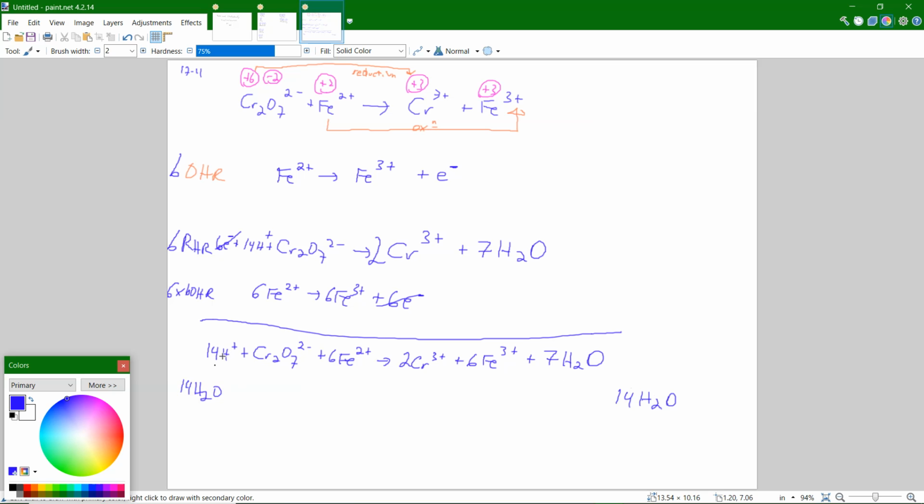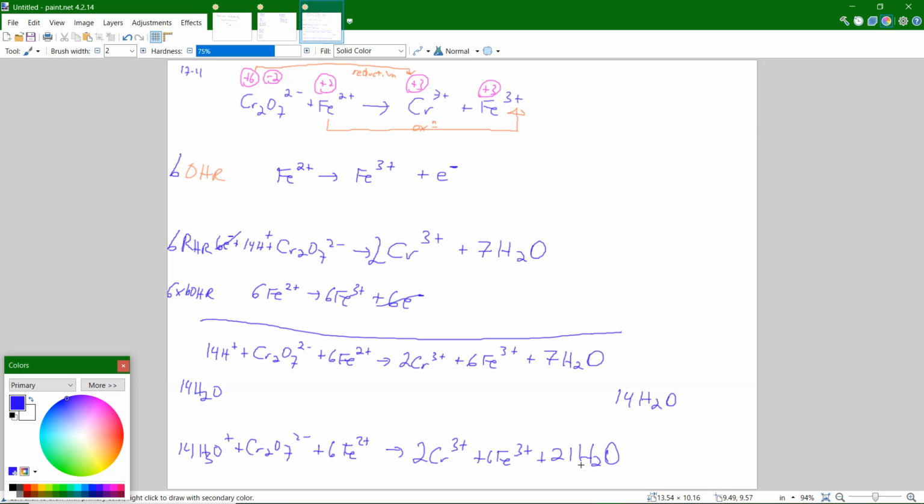So 14 H2O plus 14 H+ gives me 14 H3O+. Cr2O7 2- plus 6 Fe2+ goes to 2 Cr3+, 6 Fe3+, and then I got 7 waters, another 14, plus 21 H2O.